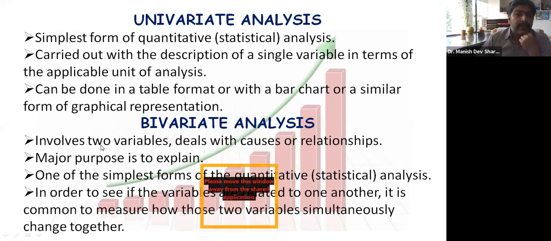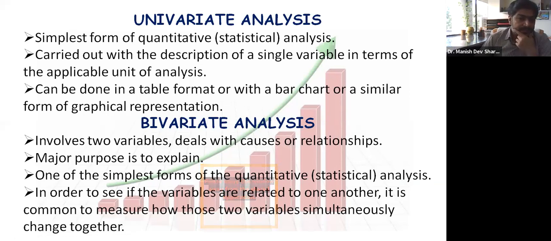In bivariate analysis we are using multiple variables. It involves two variables and deals with causes or relationships. The major purpose is to explain it. So one is the simplest form of the quantitative analysis.